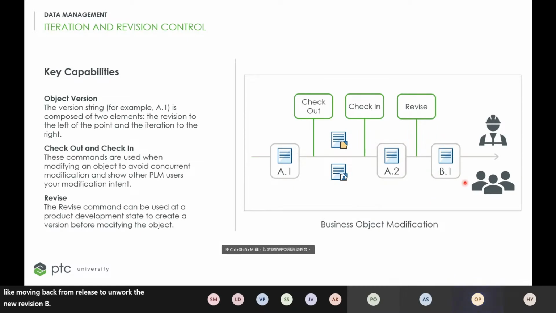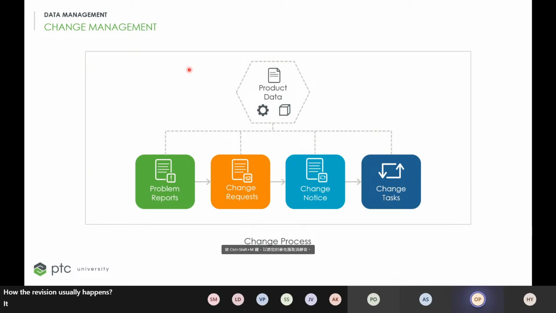How does the revision usually happen? It happens usually based on an entire change management process. The problem report is a document that can be completed by anyone who would like to suggest a change or report a problem in the product or in the document.